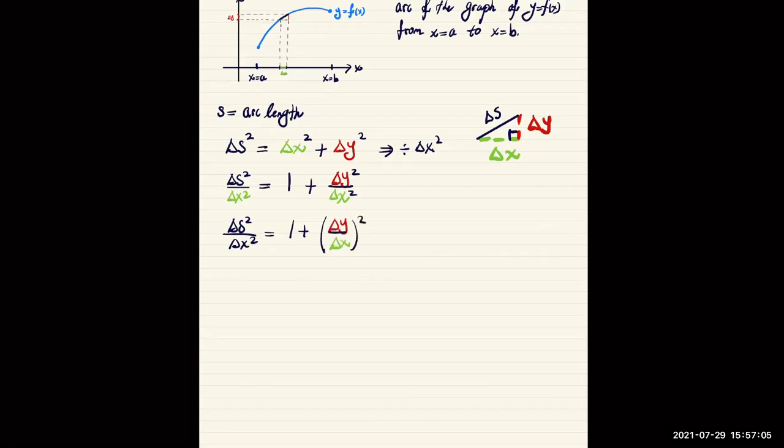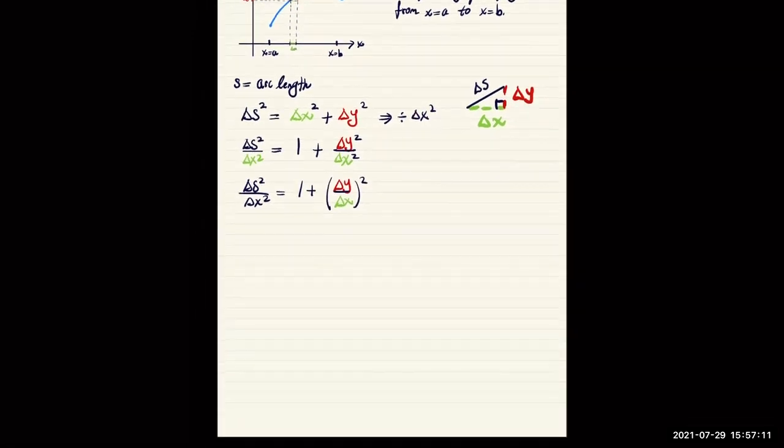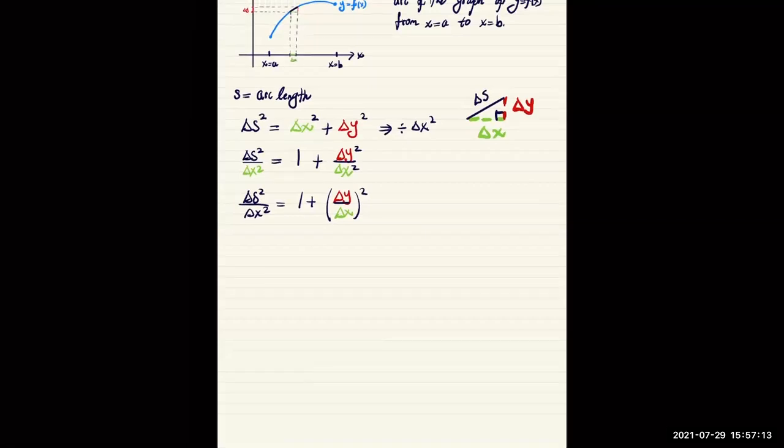And if you want, I think it would be better if I multiply everything back by delta x squared and write the equation like this: delta x squared times 1 plus delta y over delta x, that whole thing squared. I'm just going to put that delta x squared back here. You'll see why in a second. So put that right in front of the whole thing.